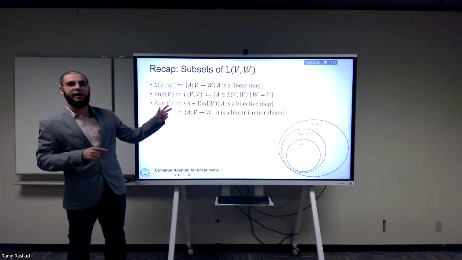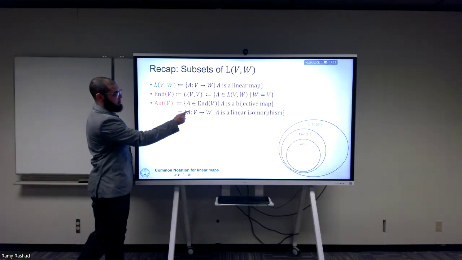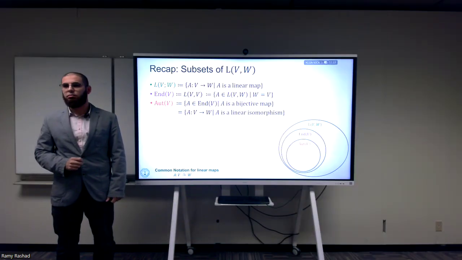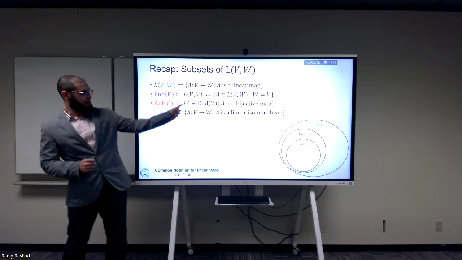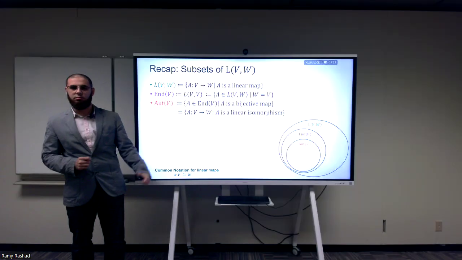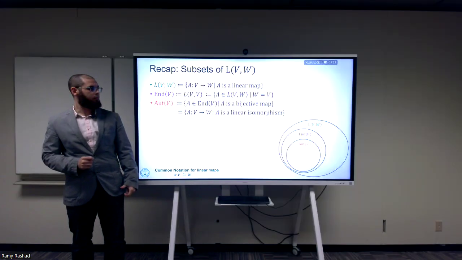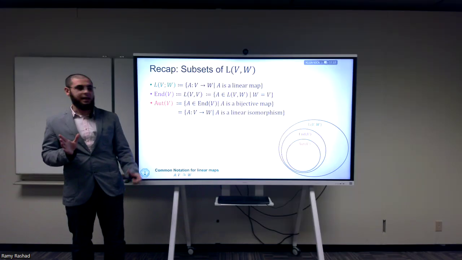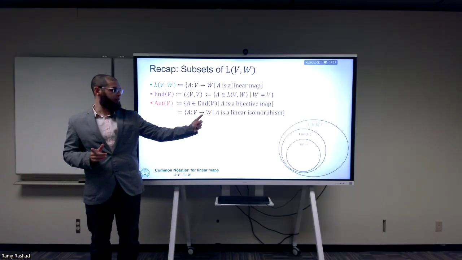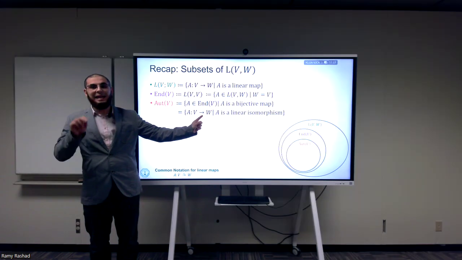You can write this, by the way, in two different ways. Check for yourself whether these two are actually the same. Do these two sentences make sense to you? I can either say automorphisms is the set of all maps from V to W, where A is a linear isomorphism.